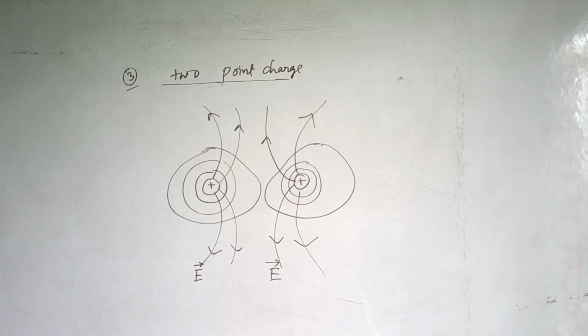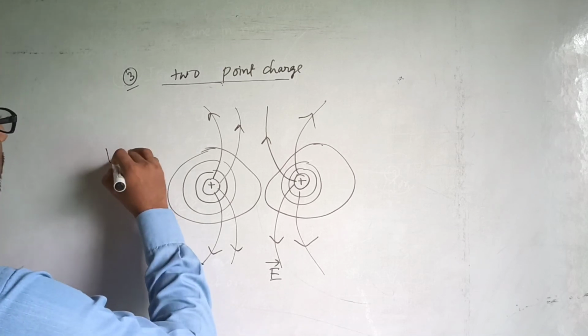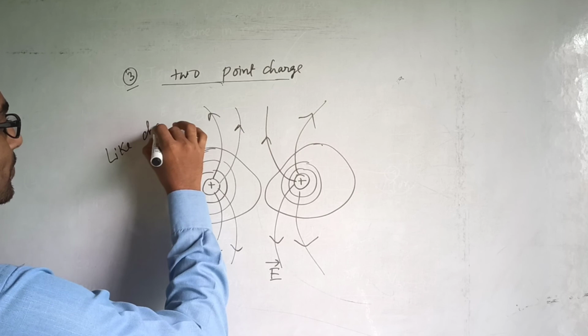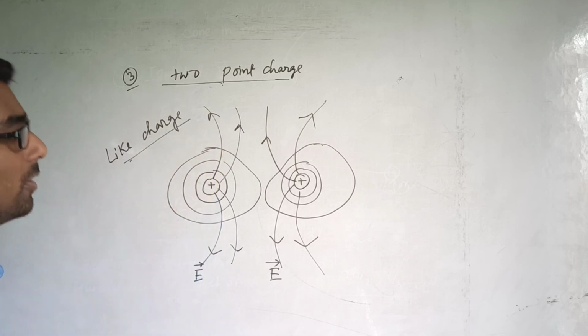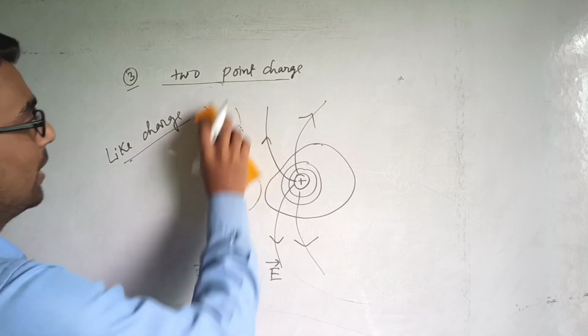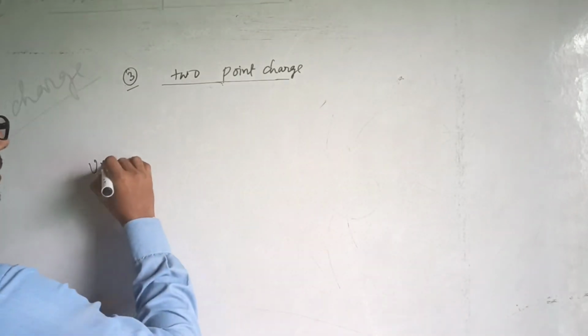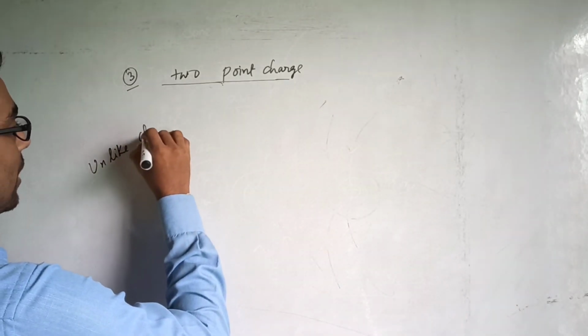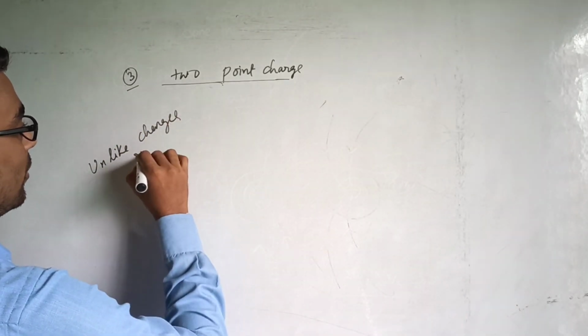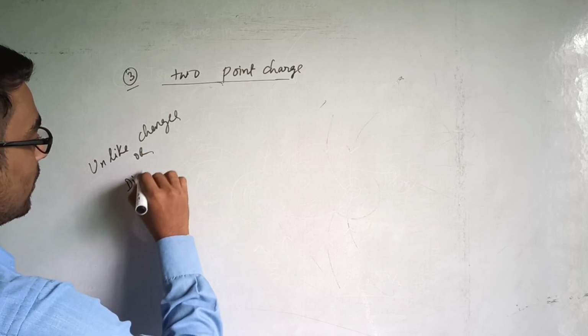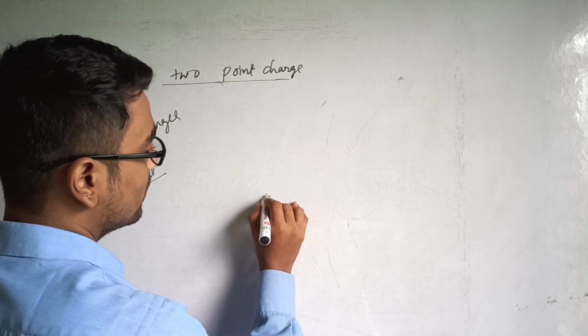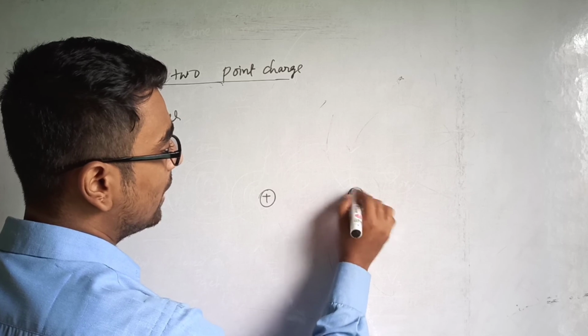This one is for like charges. For unlike charges, or you can say a dipole, it will be something like that. Say this one is a positive charge and this is a negative charge.